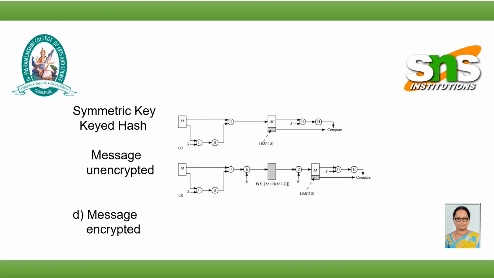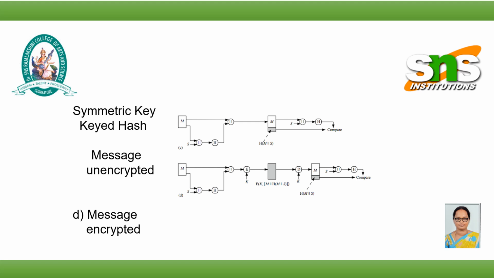Next, symmetric keyed hash. In the previous one we used keys. Here we didn't use a separate key. What we have done is, along with the message, we share an initialization vector, like an s value.